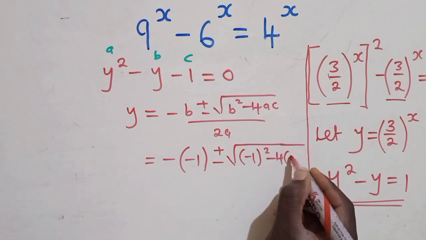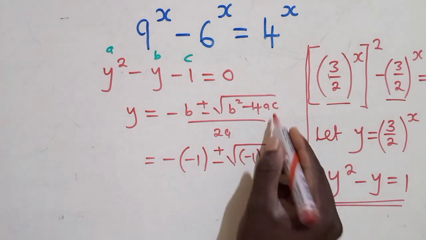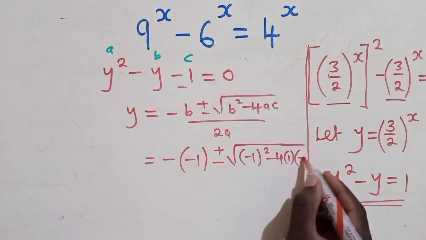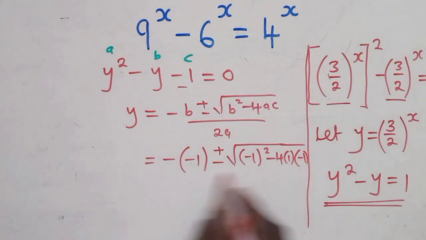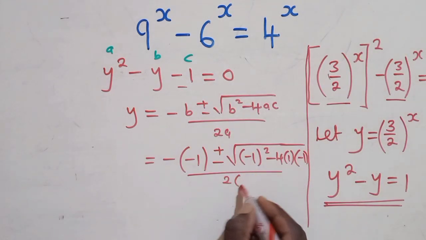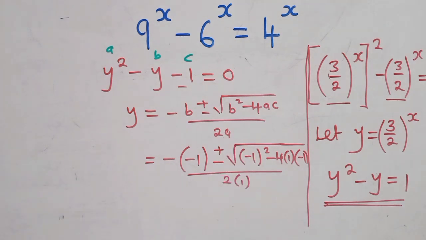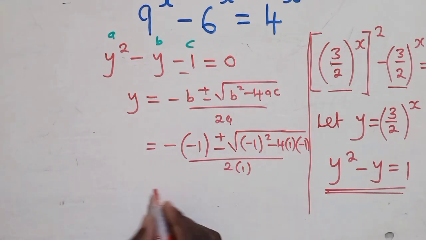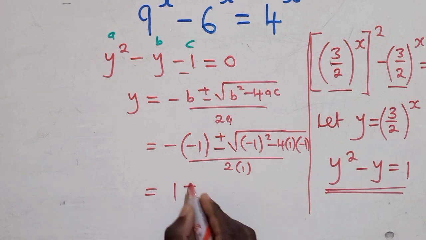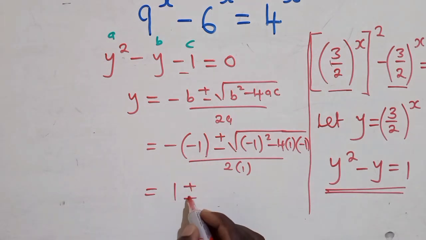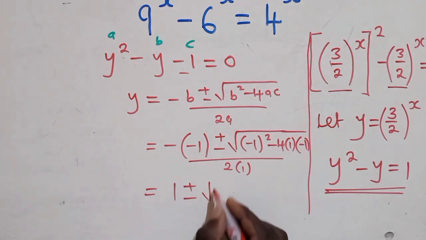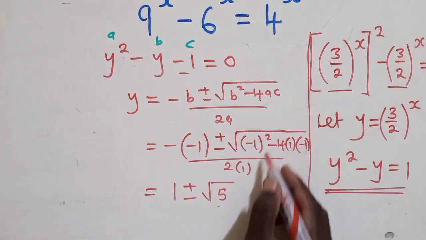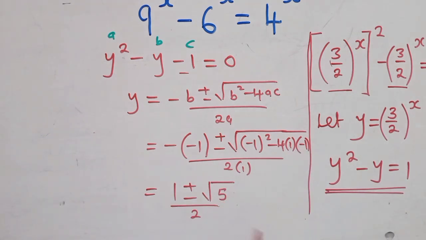Our a is 1, and our c is negative 1 here. So when we work out what is here, we're getting a positive 1 plus or minus root 5, over 2.